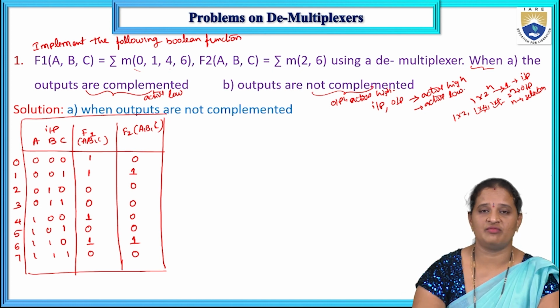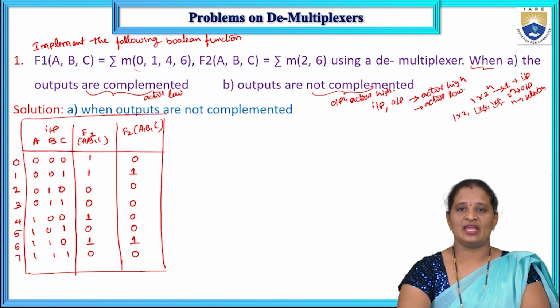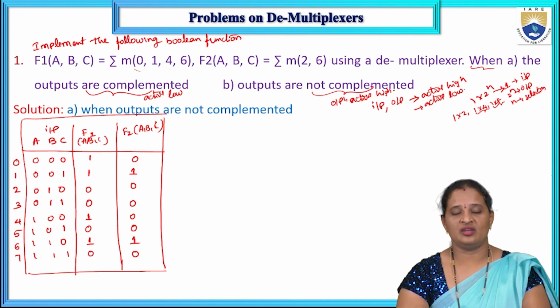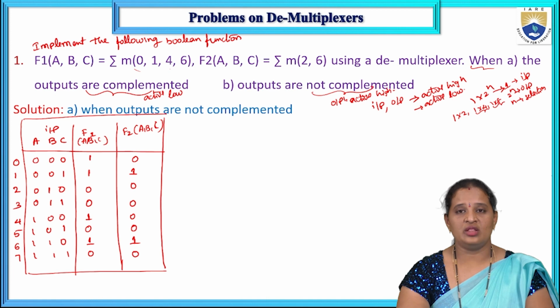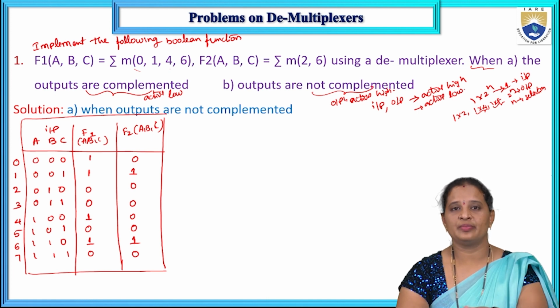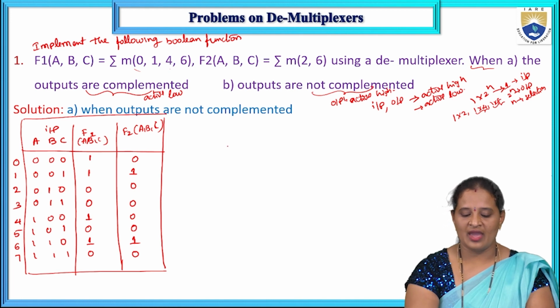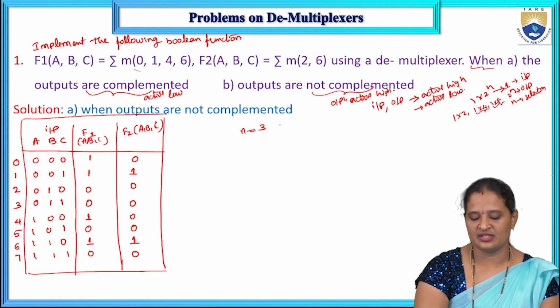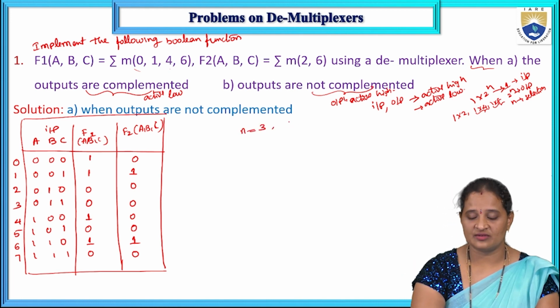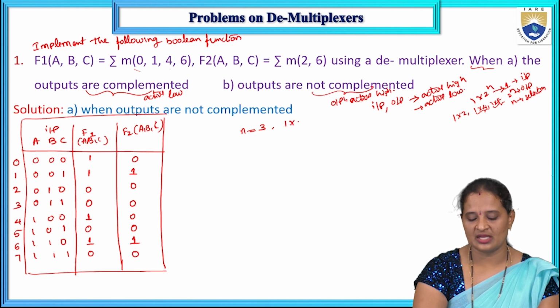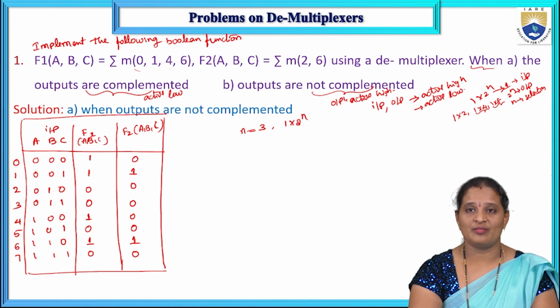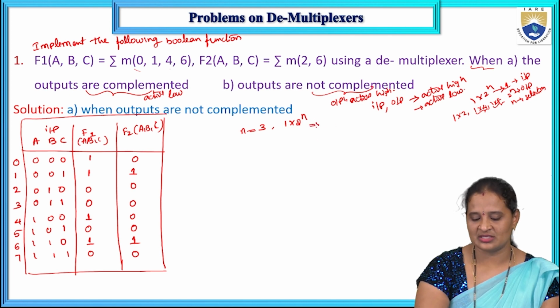So what is the size of demultiplexer I want to take? As it is having 3 inputs here, all these 3 inputs are considered to be selection inputs. If we have 3 selection inputs, that is n equals 3, what is the size of the demultiplexer? As I told you, the size of a demultiplexer is 1 by 2 power n, that is, a 1 to 8 demultiplexer we require.